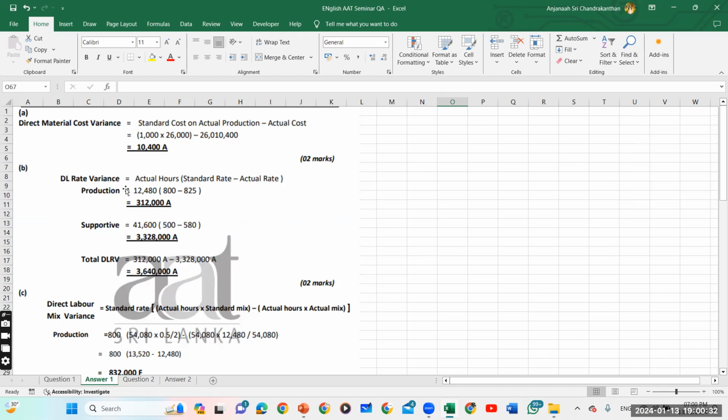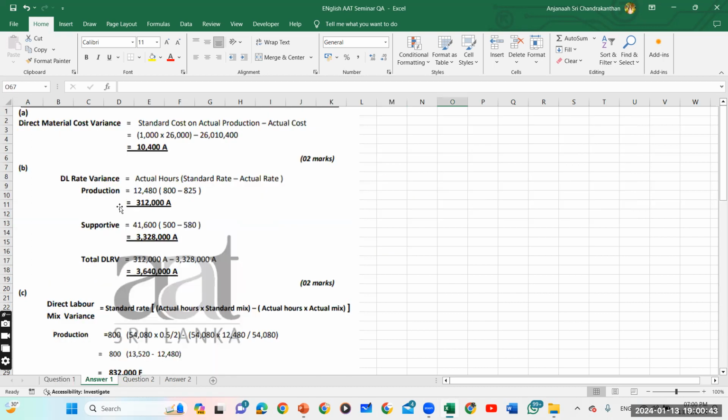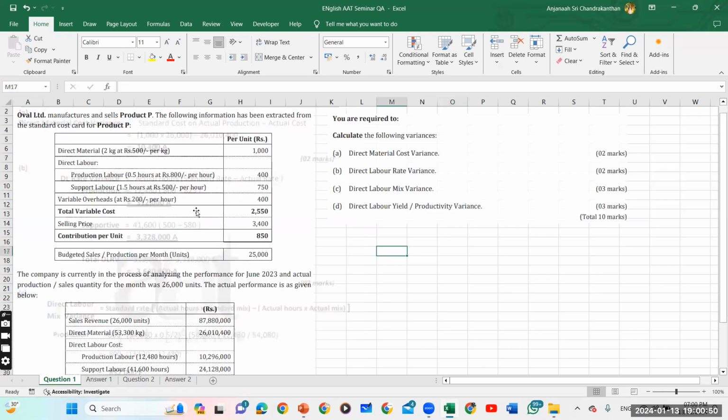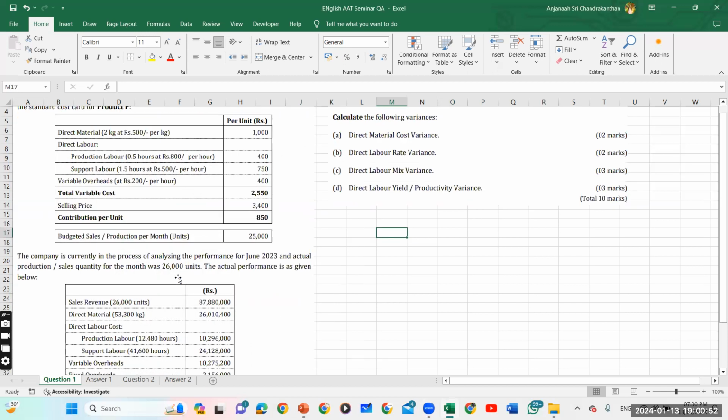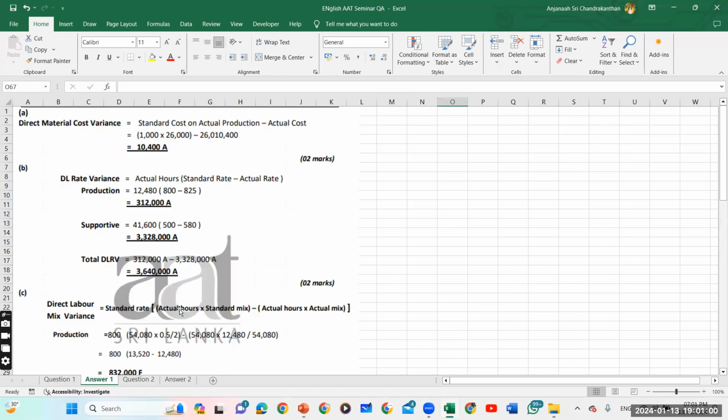Then direct labor rate variance, how do you take? You take the actual hours multiplied by standard rate minus actual rate. You have to take it individually, for production staff separately, supportive staff separately. Production staff, the rate is 800, but they have actually incurred how much? You can divide the cost by the hours and get the rate. So it would add up to 825.